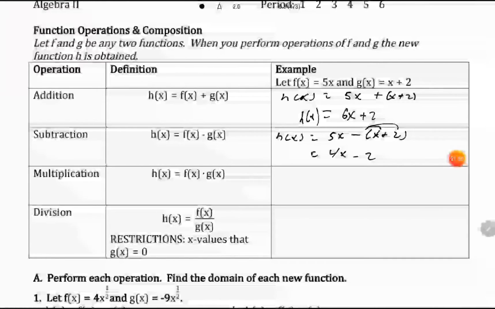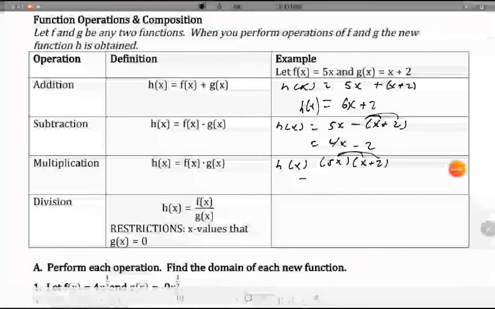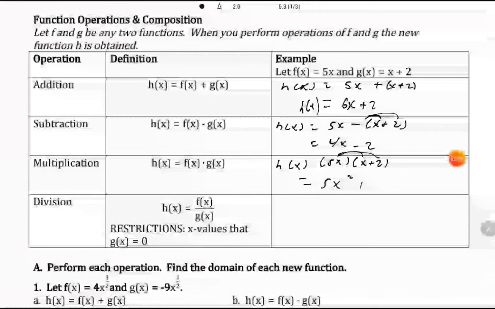Multiplication. I'm going to multiply the two functions together. So I have 5x, put that in parentheses, times x plus 2. This is a simple distribution, so this is equal to 5x squared plus 2x.